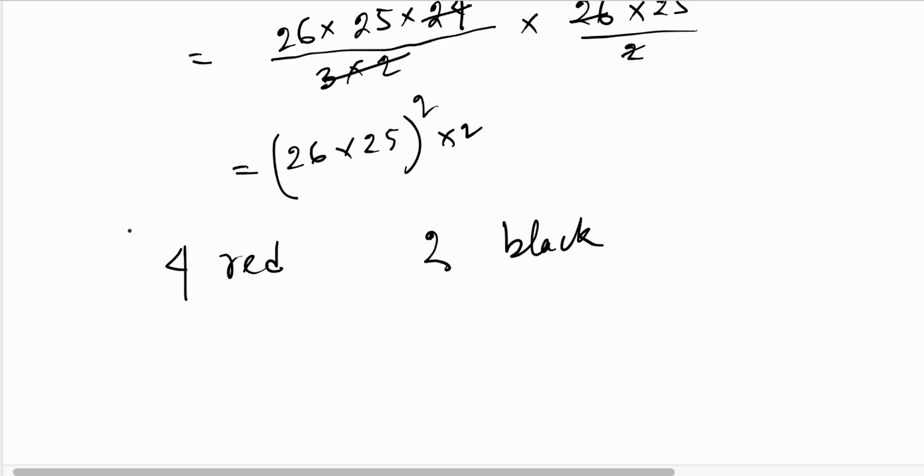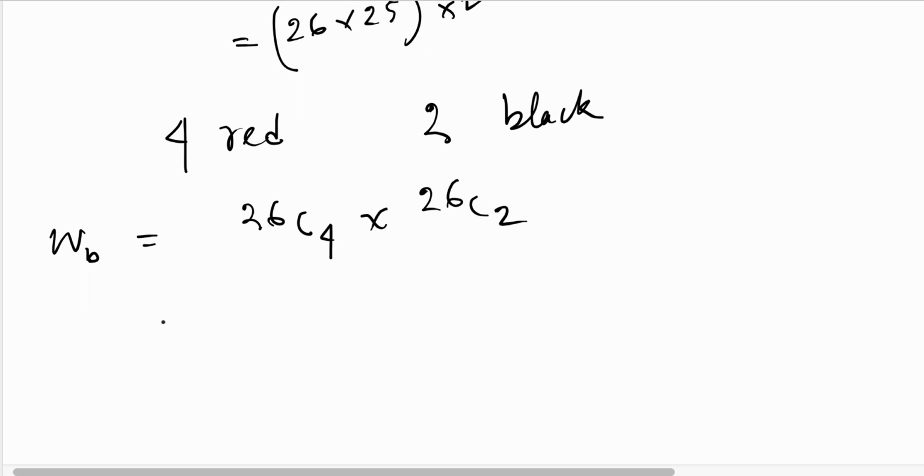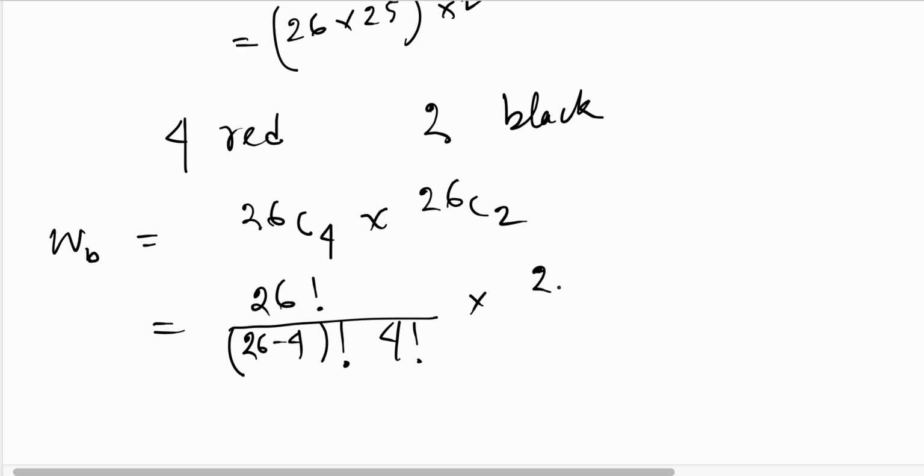So the microstates of Bob will be 26C4 into 26C2, right? That means 26 factorial by (26 minus 4) factorial into 4 factorial, into 26 factorial by (26 minus 2) factorial into 2 factorial.